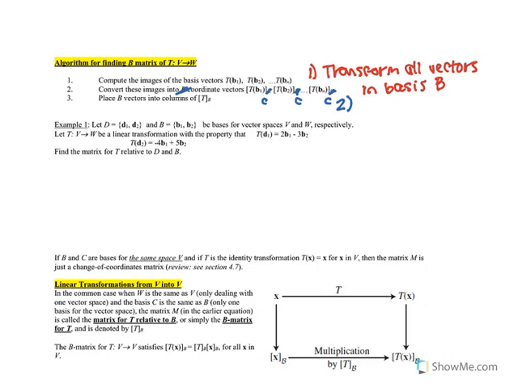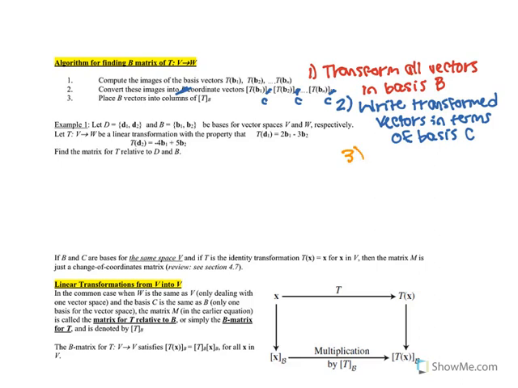So write transformed vectors in terms of basis C. Step 3, this is the easy part.